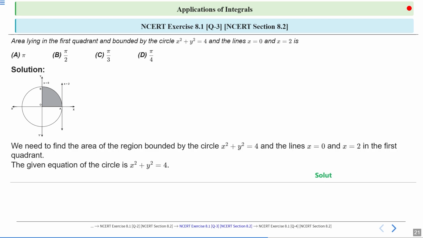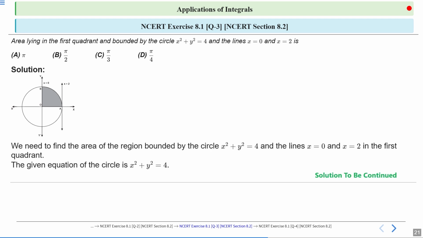In case of vertical strip we see the limit of x. So limit of x in this region is x equal to 0 to x equal to 2. This area is bounded by this line, so x varies from 0 to 2. So to find this area just evaluate the definite integral from 0 to 2 of y dx.